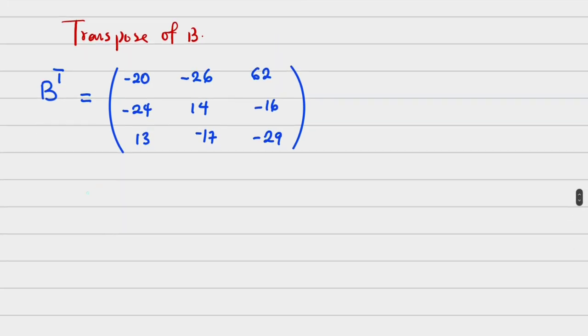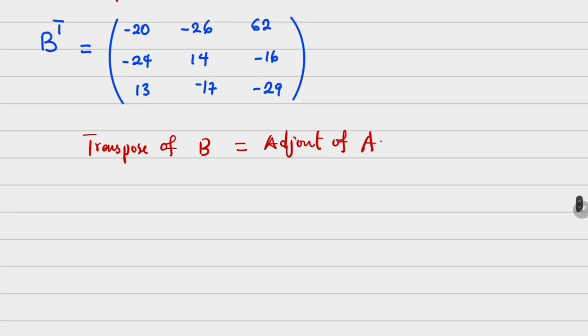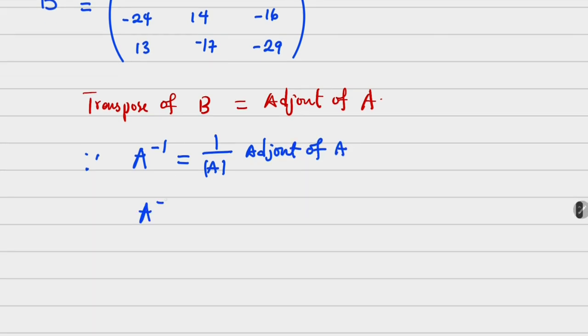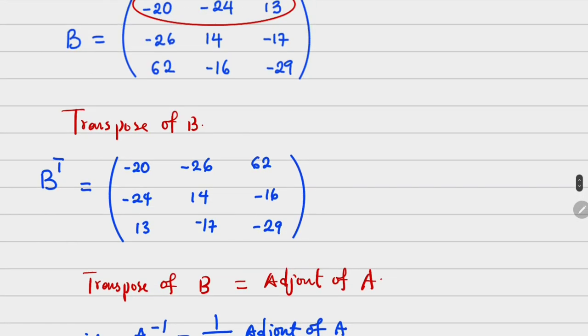Now, remember we said that the transpose of B is actually the adjoint of A in this case. Hence, we can move further to say, therefore, the inverse has been found. Let me write the formula so that you won't forget: A inverse is equal to 1 over the determinant, times the adjoint of A. So let's get our determinant.